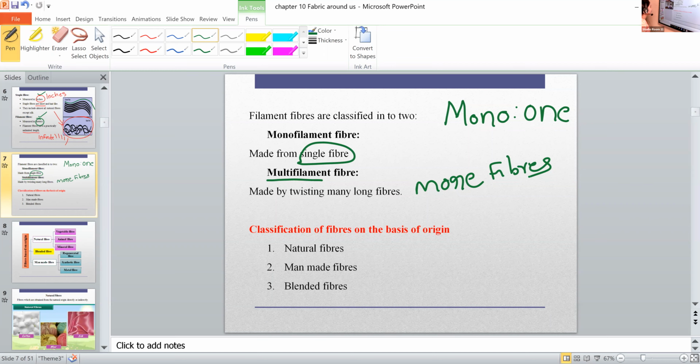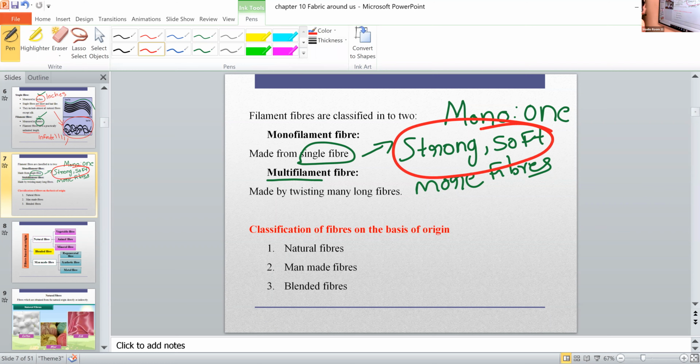The monofilament fibers are made from single fibers, but that doesn't matter. They are very strong. The monofilament fibers are very strong and soft.